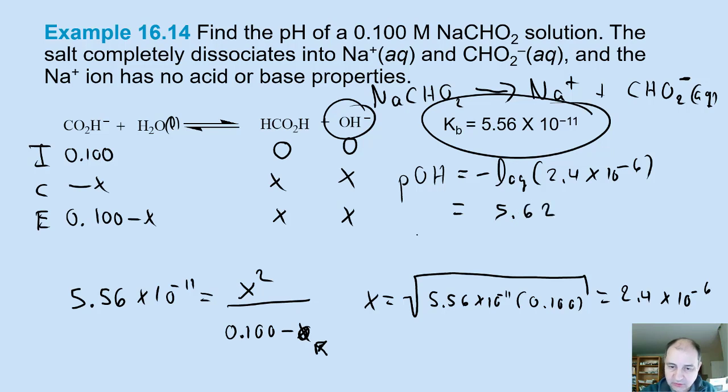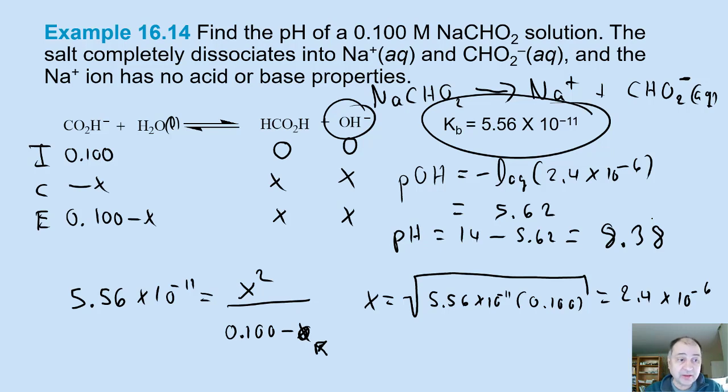And if I want to know what the pH is, I just do 14 minus 5.62, which gives me a pH of 8.38. And it's important that you think about the value too, right? This should have a pH that's larger than 7, because that implies that we have a basic solution.